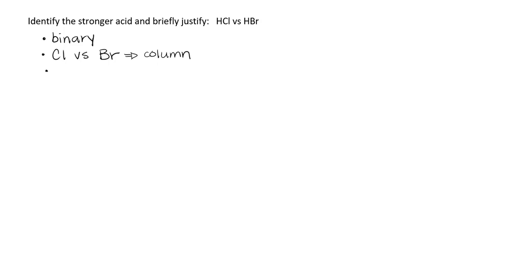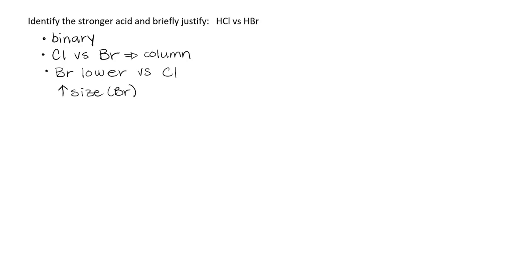The last thing we need to do is to make our final assessment. So we noticed that bromine is lower on the column compared to chlorine. Because it's lower in that group, it means that bromine has a larger size compared to chlorine.